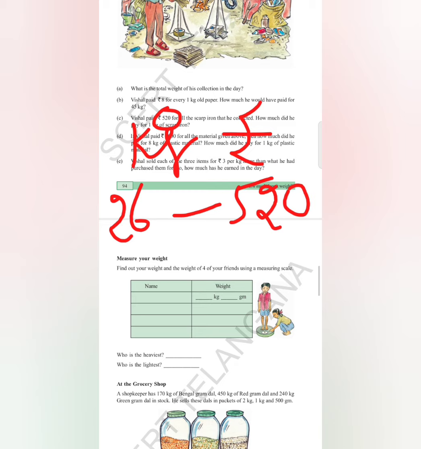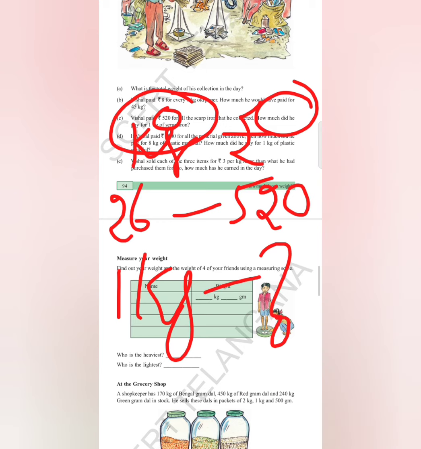Then what he is asking, how much did he pay for 1 kg of scrap iron? Now it is interesting. So for 26 kgs the amount is 520. For 1 kg we need to find out.